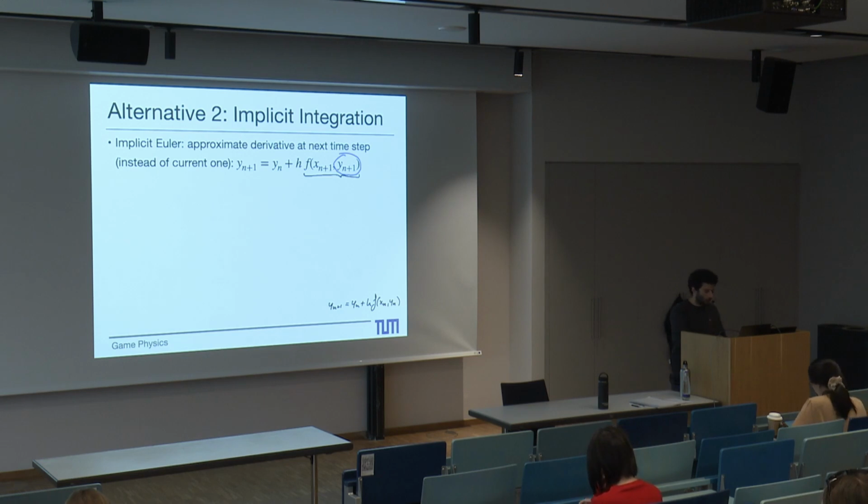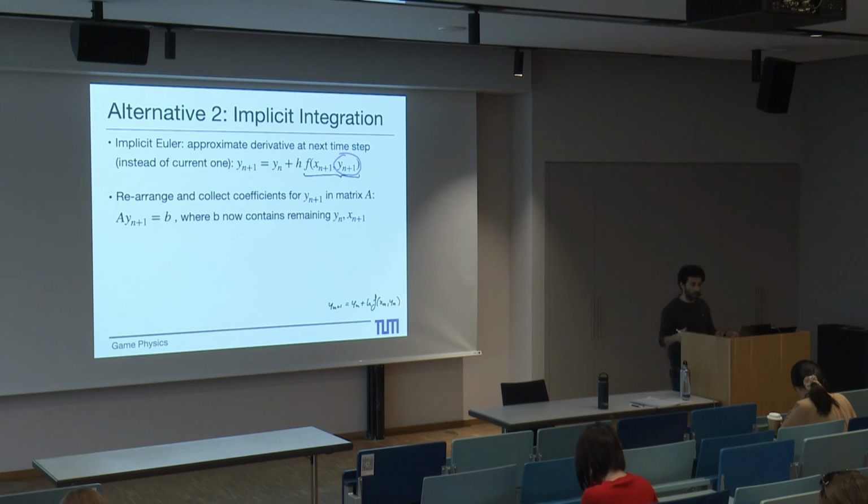So in practice, what we do is that we need to arrange and collect all the coefficients that depend on yn plus 1, and write essentially the same equation in a matrix form like this, so that all the terms containing yn plus 1 are on the left side, and the rest contains only terms that are known with respect to yn and xn plus 1.